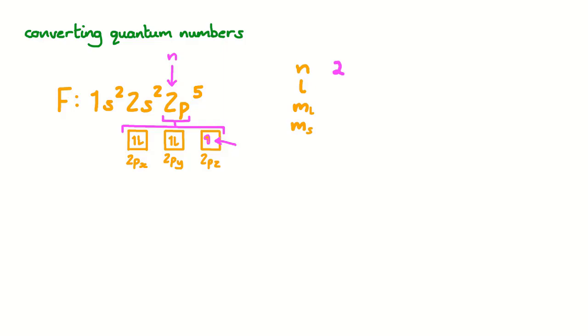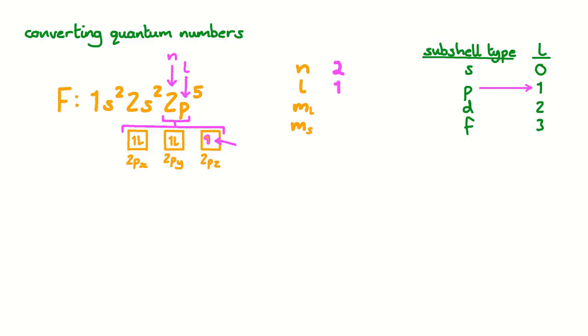What about l? In order to work out l, we need to convert p back to l notation. p corresponds to a value of the subsidiary quantum number of 1. Now, the magnetic quantum number. Determining the magnetic quantum number from the orbital itself is a lot more complicated. It just so happens that the 2pz orbital corresponds with a magnetic quantum number of 0.